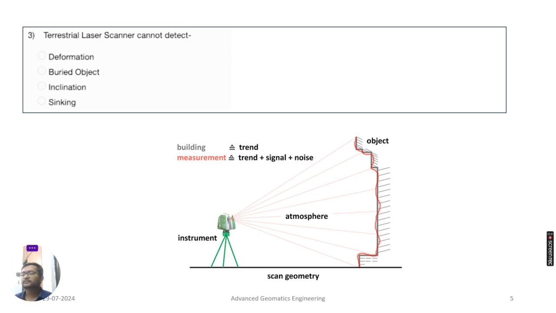Let's say one example is dams. If any kind of reservoir is there, let's take the example of Sardar Sarovar Dam. We will use our terrestrial scanners and scan the surface of the dam. Now after 1 year, we will use the terrestrial scanner one more time and scan the surface again.